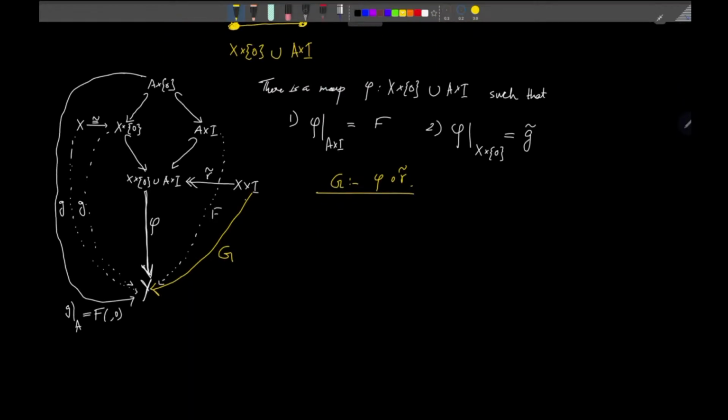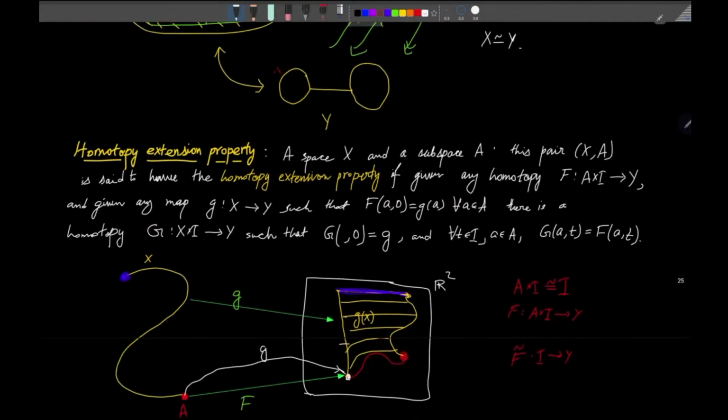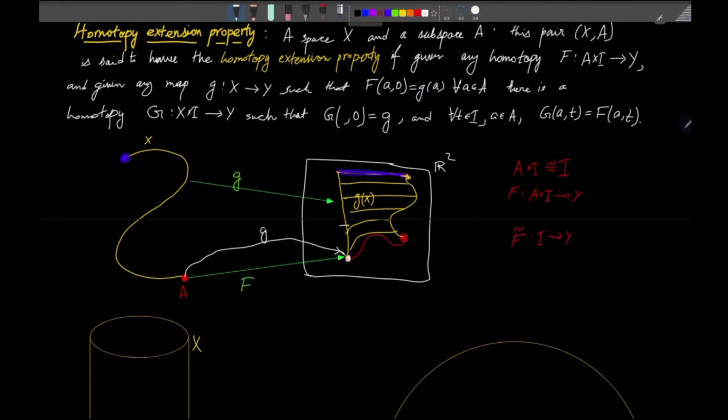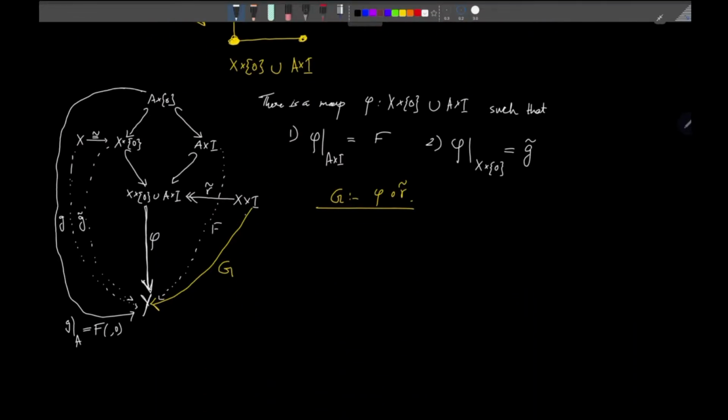And G basically agrees homotopically to this homotopy F. So first of all, we have to show that the first map of G is equal to this G. This is the first thing to show. And the second thing to show is that G restricted to A cross I is equal to this F.